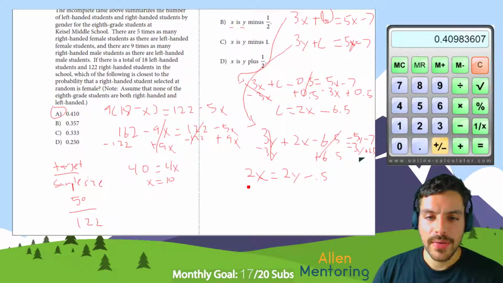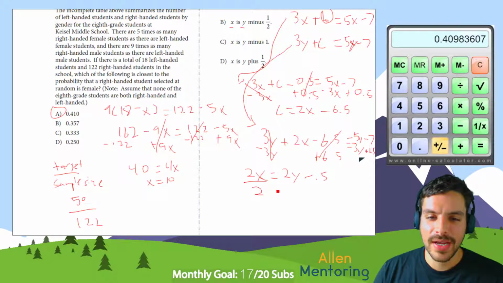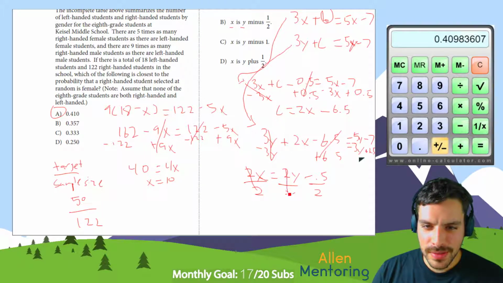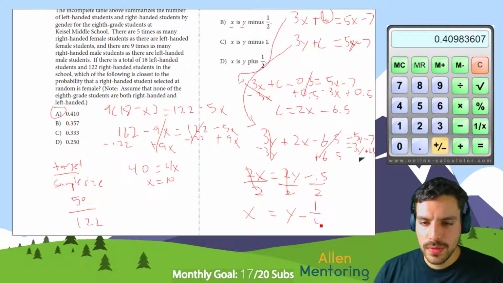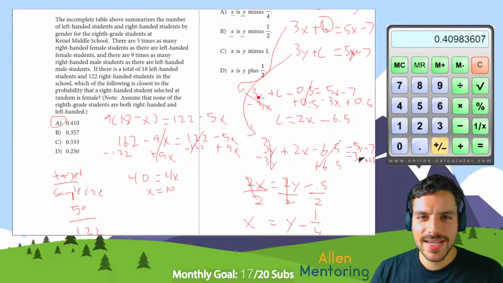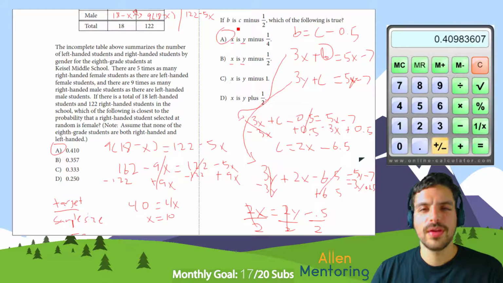All right, so I'm almost done. The last thing I want to do is isolate x. So I'm going to divide everything by 2, on the left side and on the right side. So this crosses out, this crosses out. So x is equal to y minus, and what is a half divided by 2? It's going to be equal to a fourth. So x is equal to y minus 1/4.